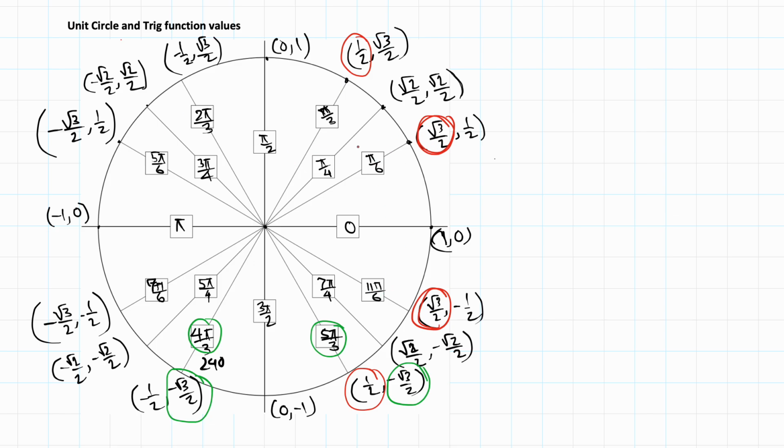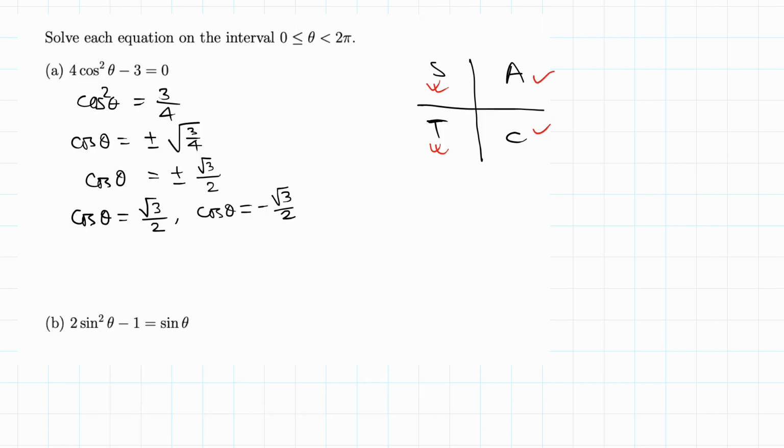In fact, all the angles are related angles to pi over 6. And negative root 3 over 2, negative root 3 over 2, that's in the second and third quadrants: 5 pi over 6, 7 pi over 6. These two for negative, and pi over 6 and 11 pi over 6 for positive. So there are 4 answers.